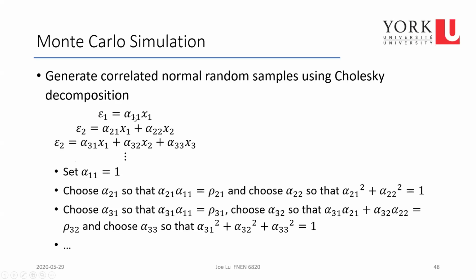So from X1, X2, and X3, which are uncorrelated, epsilon 1, epsilon 2, and epsilon 3 are correlated.